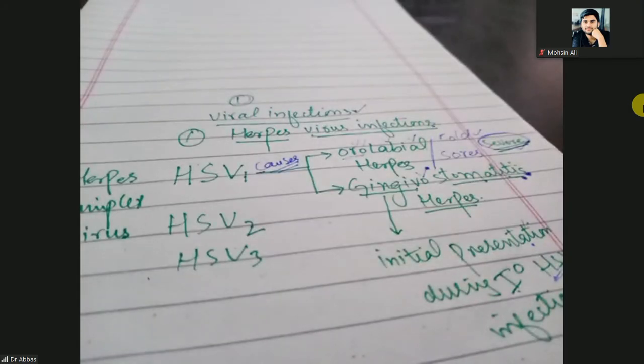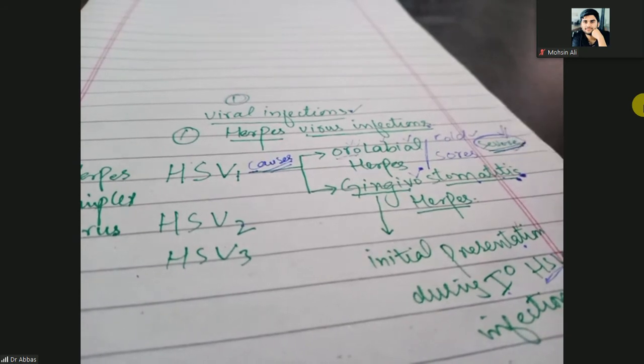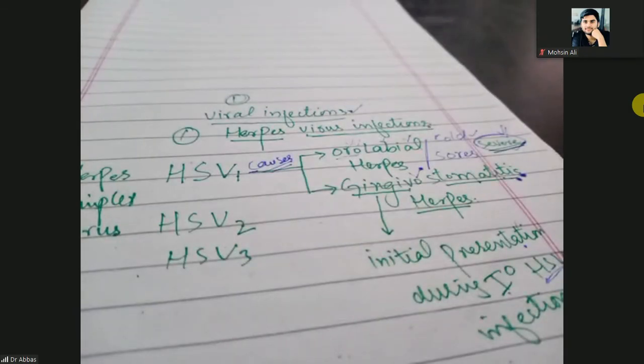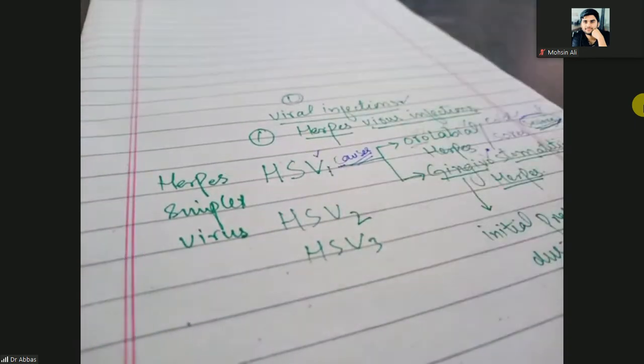But when this infection becomes more severe and is present on the oral cavity with the lips, we call it orolabial herpes. That is the most severe form compared to gingivostomatitis. Clear? So orolabial herpes and gingivostomatitis are caused by herpes simplex virus 1.